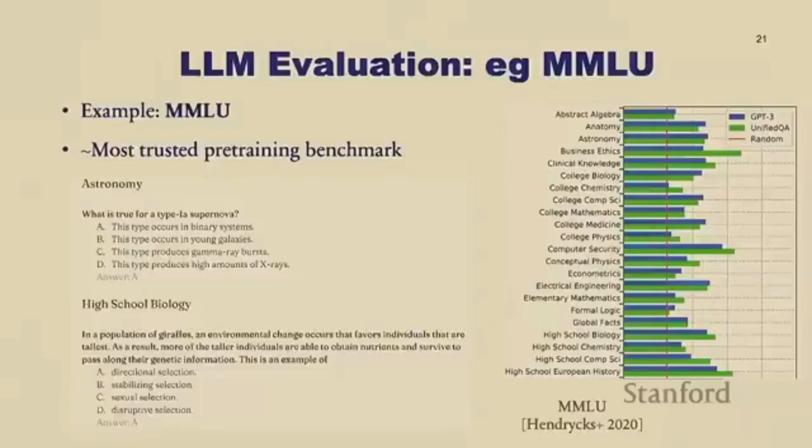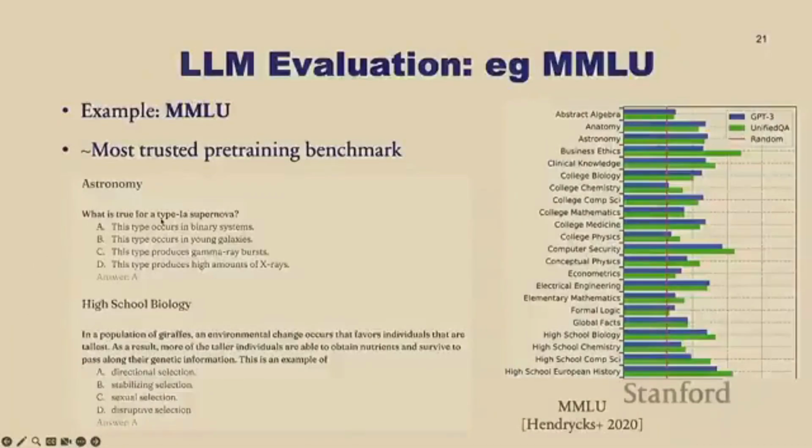To give you a specific example, MMLU is probably the most common academic benchmark for LLMs. This is just a collection of many questions and answers in many domains, for example college medicine, college physics, astronomy, and these types of topics. The questions are things like, this is in astronomy, what is true for type 1a supernova?